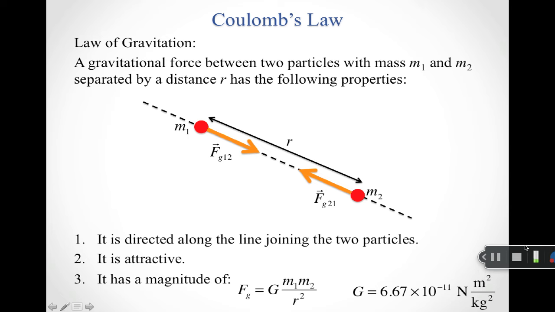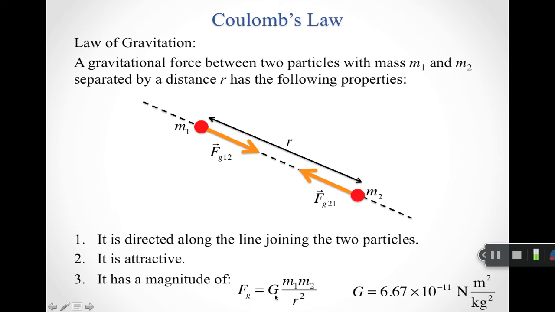And then it has a magnitude that's given by the following expression. So the magnitude of the gravitational force is equal to big G, which is the gravitational constant, it's just a number, times the product of the two masses divided by the distance between them squared. So here's r, the distance separating our masses, squared.